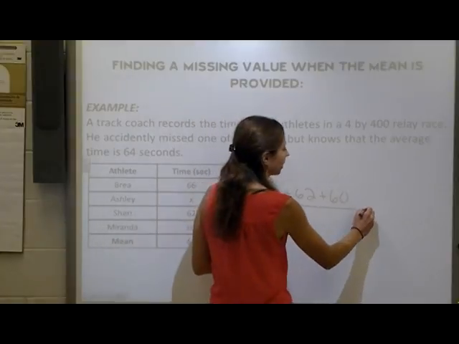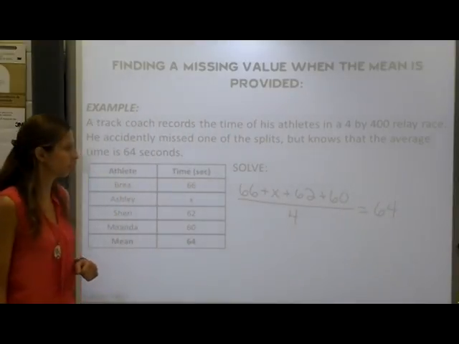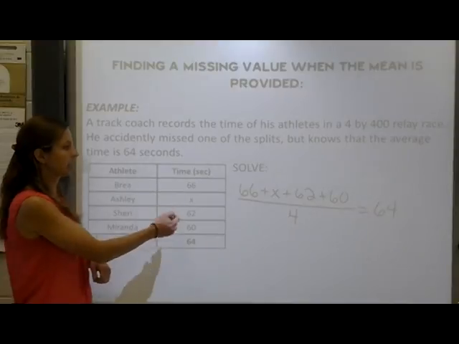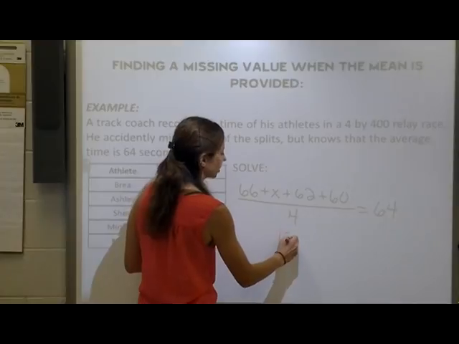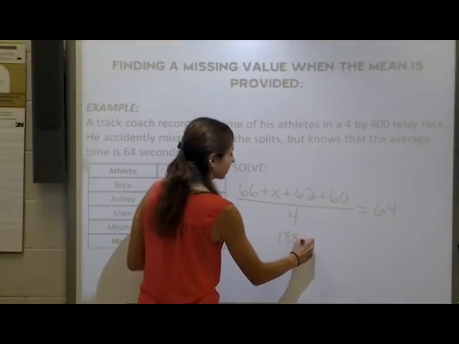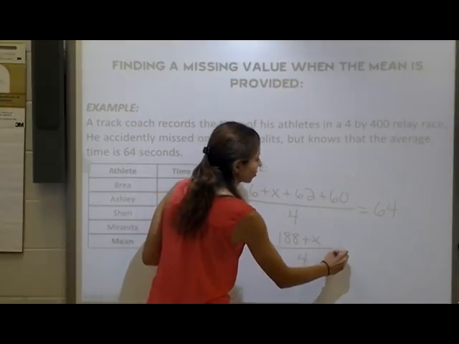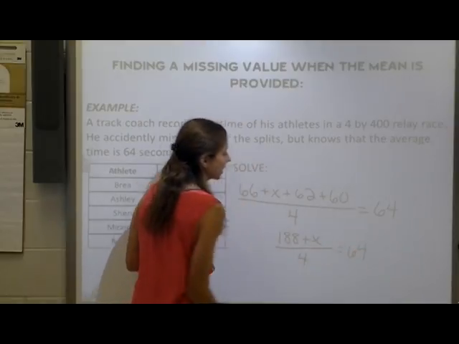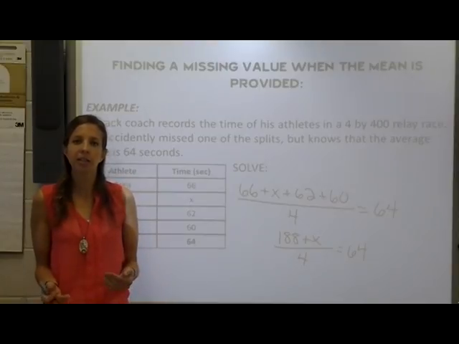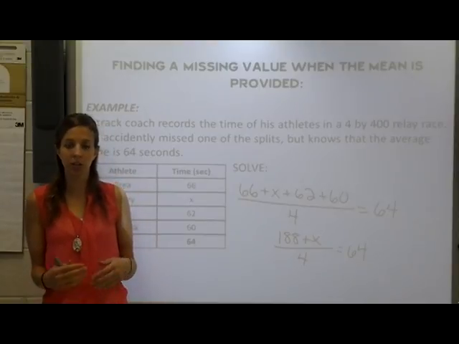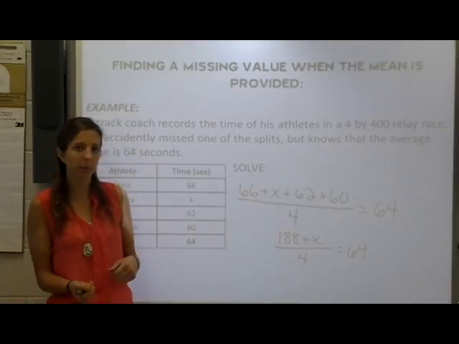We know that our mean is going to equal 64 seconds. So the next step here is to add up our values. This is going to add up to 188, and we're going to keep our X, divide by 4, and drop the 64 down. At this point, we're solving for an unknown value, so there is a little bit of algebraic equation solving taking place. This is now a two-step problem.